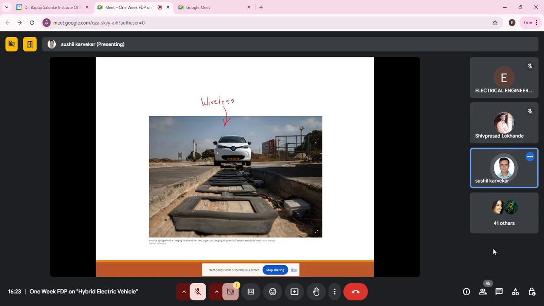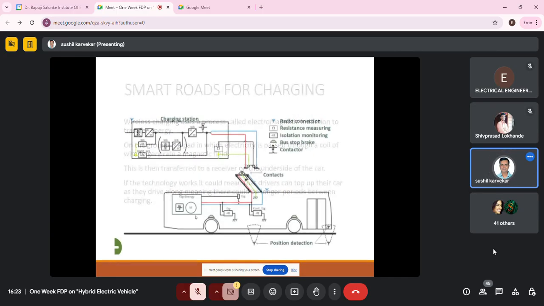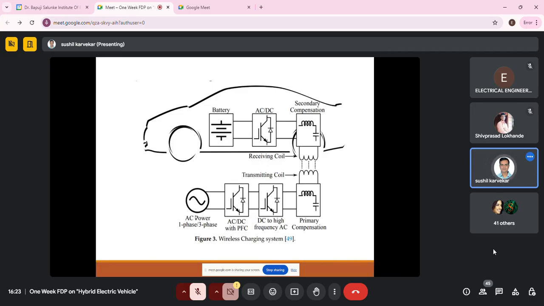You can see high power coils that are present and are going to transmit power wirelessly. Now if you see the circuit diagram, the coil is present on the road, as you have seen in the slide. In the road this circuit is already present.